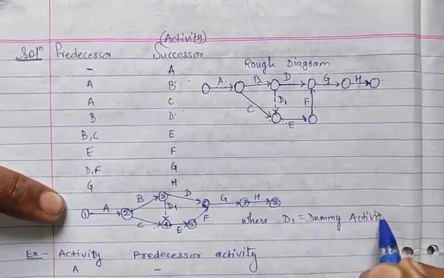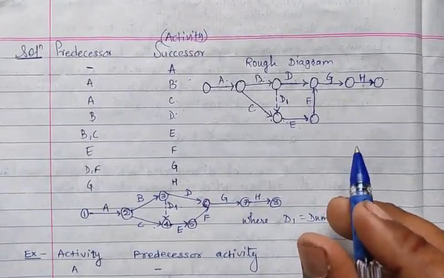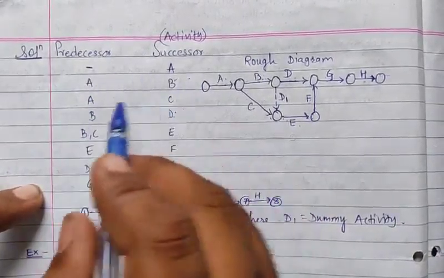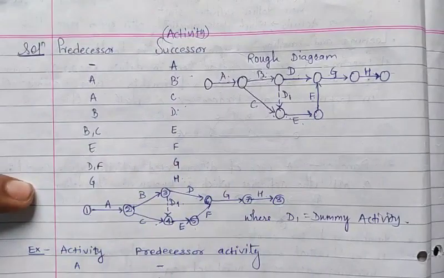So this is the network diagram of the given successors and predecessors.